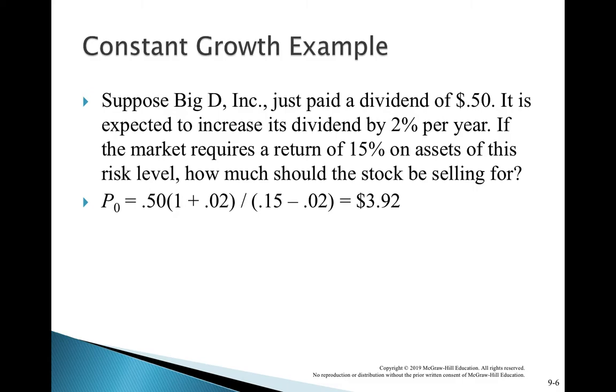Therefore, D1 divided by R minus G. D1 will be D0 times 1 plus G. D0 here is 50 cents multiplied by 1 plus 0.02, whole divided by R minus G. R is 0.15 minus G, which is 0.02, will be equal to 3.92.